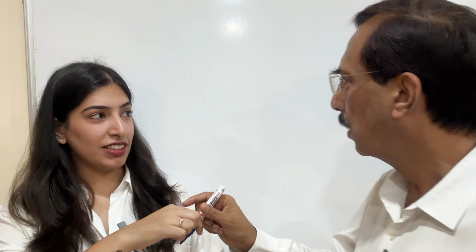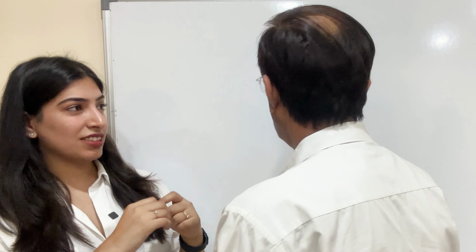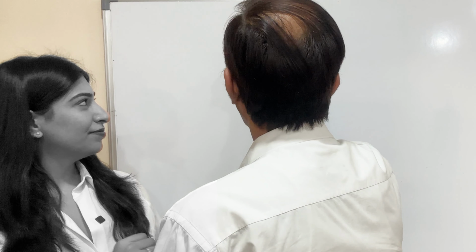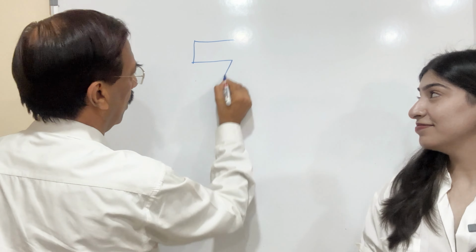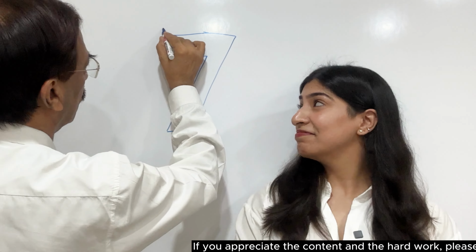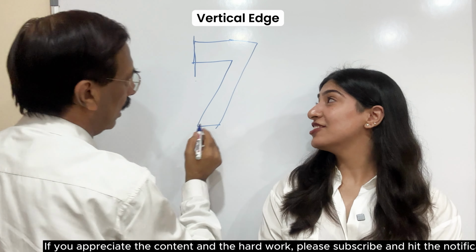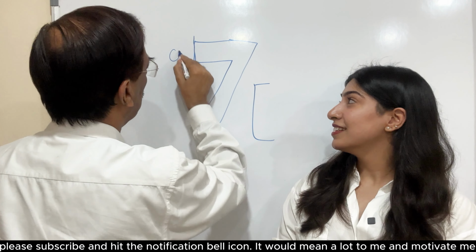Can you give a try at how vertical edge detection filter is going to look like? Filter means the matrix, the smaller matrix. This is the vertical axis. And the matrix, this will be white.